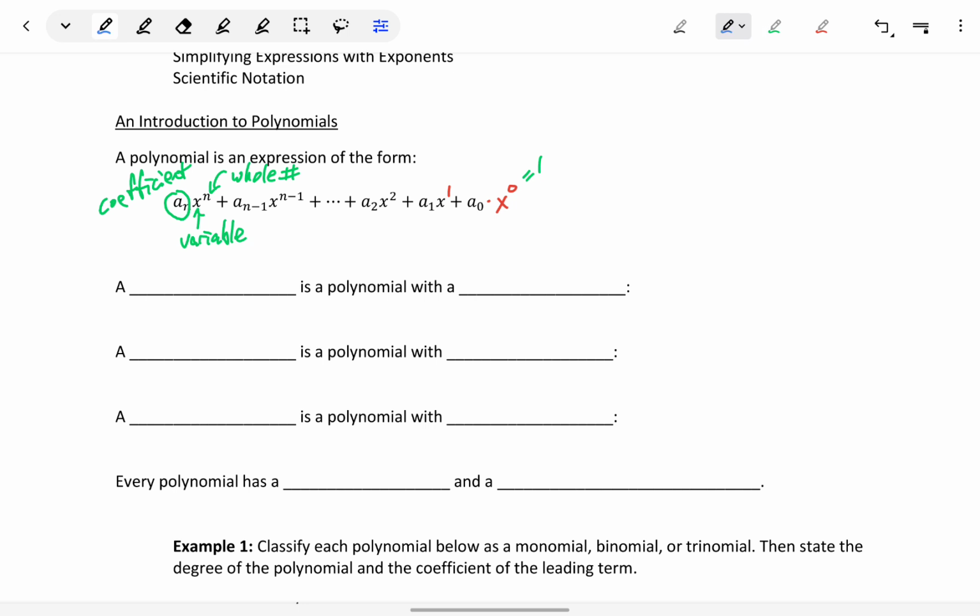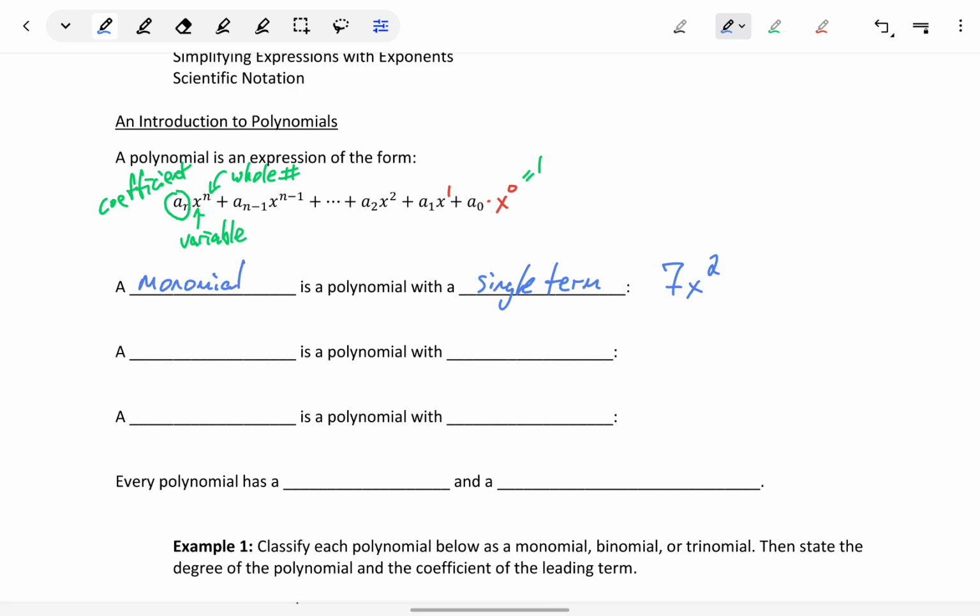We have a few different specific types of polynomials. For instance, we have monomials, which is a polynomial with a single term, that prefix mono, meaning 1. This would be something like 7x squared.